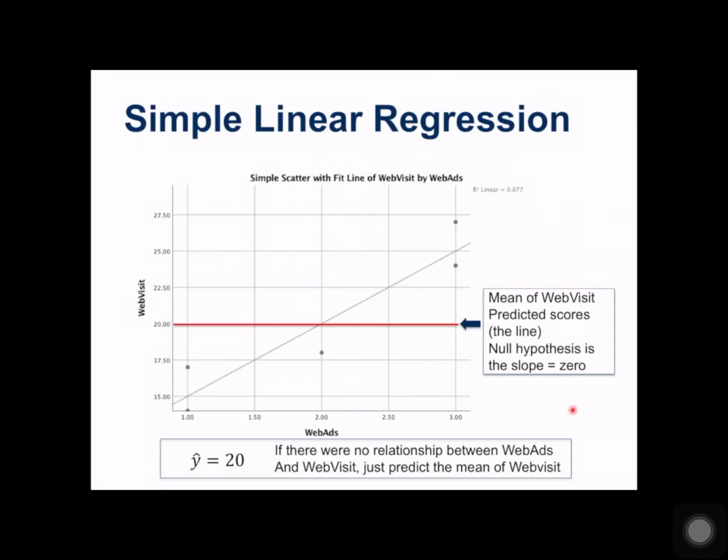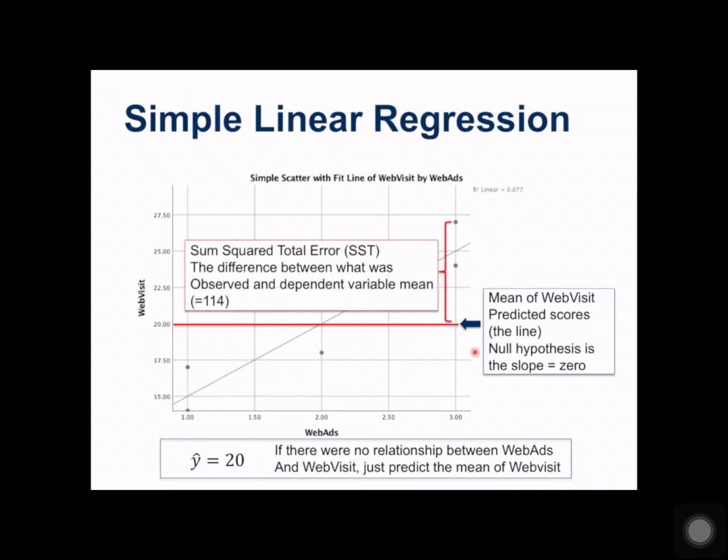The final calculation that we need to appreciate that regression is doing for us is just looking at the mean of the web visits being predicted for everyone. The null hypothesis, of course, is that there is no relationship, and so this line should be really not significantly different than just predicting the mean for everyone. In this case, you can see that it is significant, but appreciate that the sum of squared total error would be the difference between this mean value being predicted for every single observation and the benefit that we get by predicting our regression line.